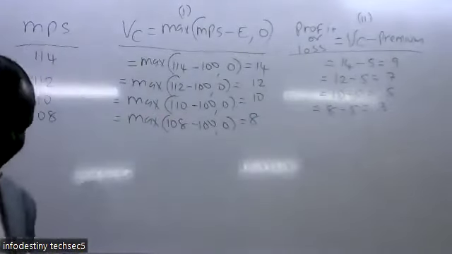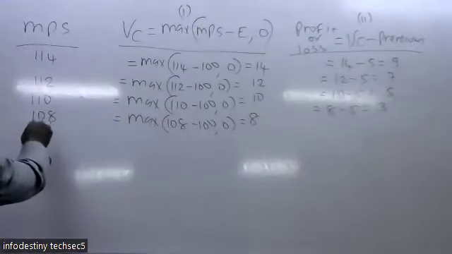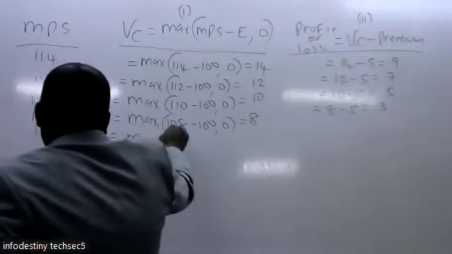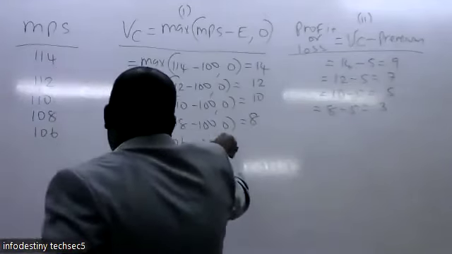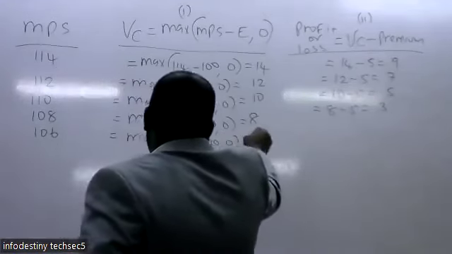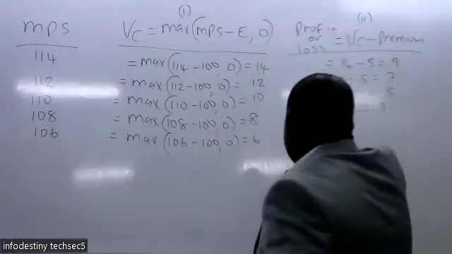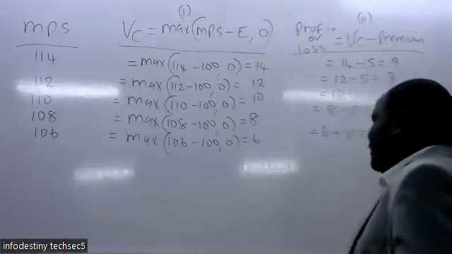We go to the next price, which is 106. Also 106. Maximum 106 minus 100. So that will be 6. Then 6 minus 5. So we get 1.